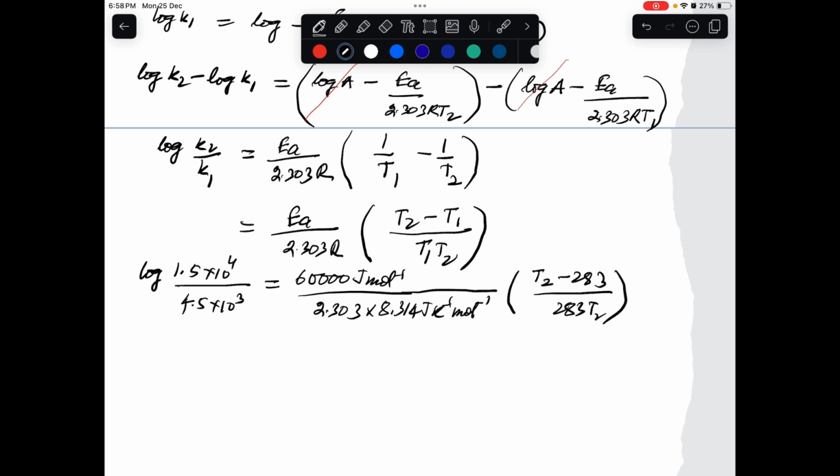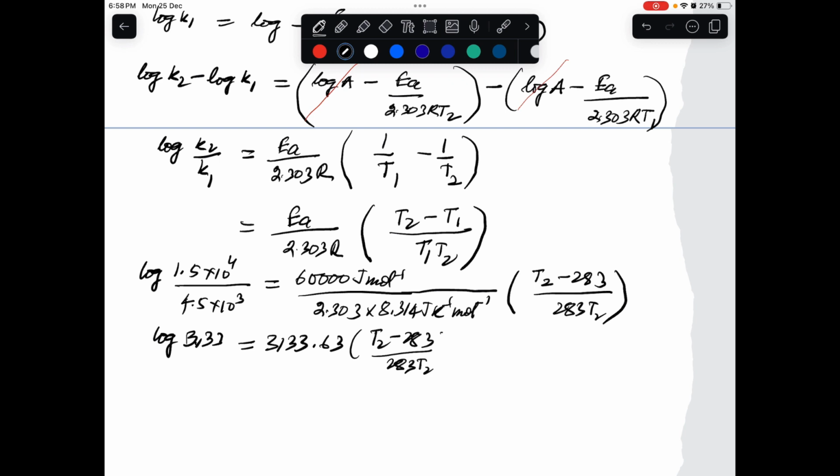Okay, we can write it as log of 3.33 is equal to 3133.63 after simplifying these values, and the same T2 minus 283 divided by 283 T2.